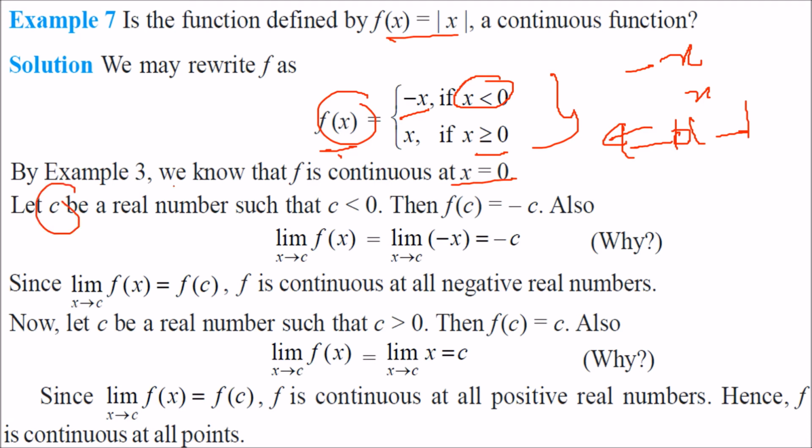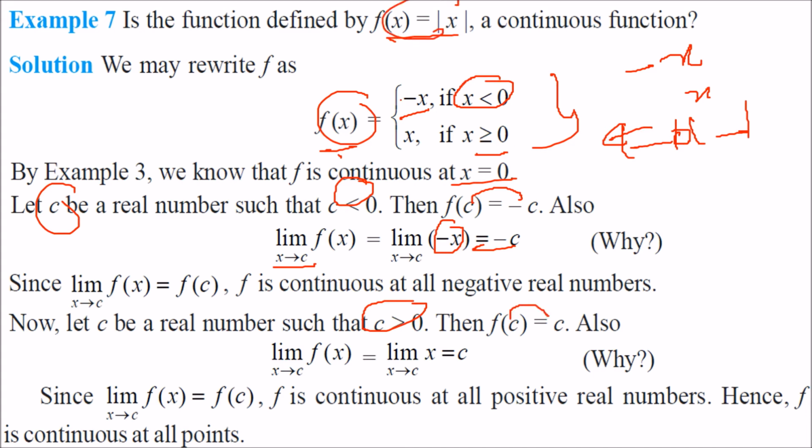Let c be any real number such that c is less than 0. Let us assume one more c which is greater than 0. In both cases, what happens? If c is less than 0, then f(c) is nothing but minus c. So when you apply the limit x tends to c, it will be minus x, that is minus c. How about applying for c greater than 0? The f(c) will be c.